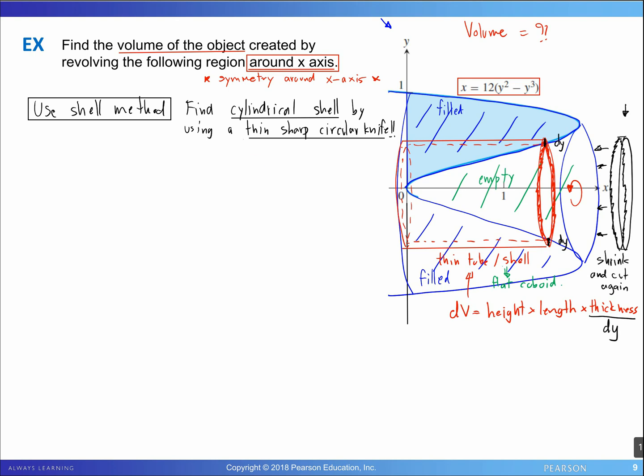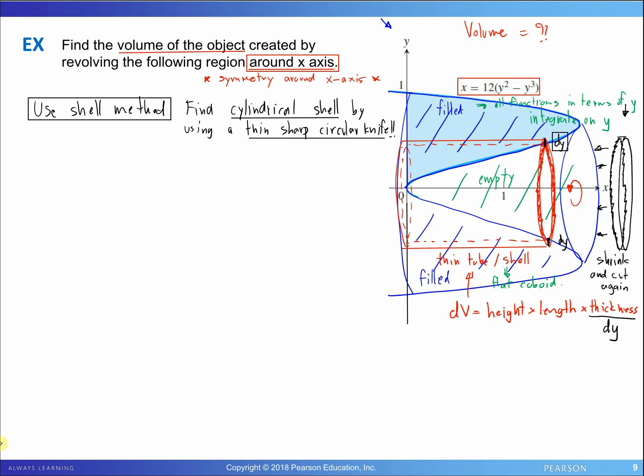When you see dy like this, you know right away that we are going to be doing all the calculations on y variable. So we are going to integrate on y. This also means that all functions that we have in the calculation must be in terms of y variable.